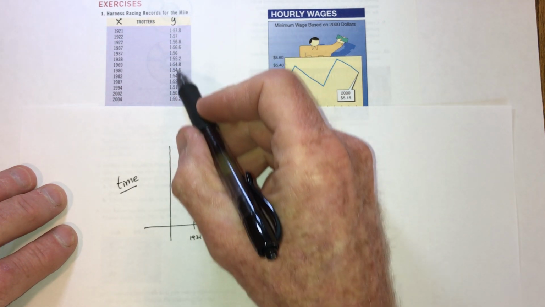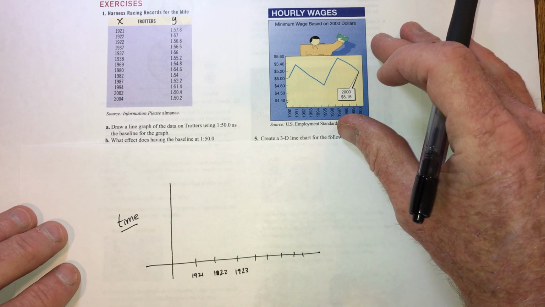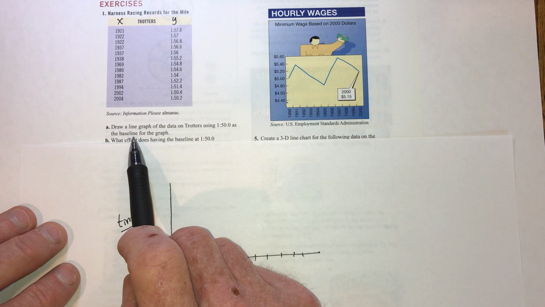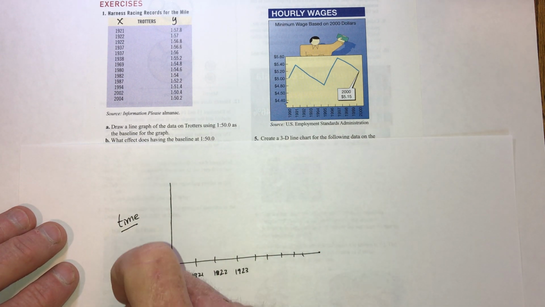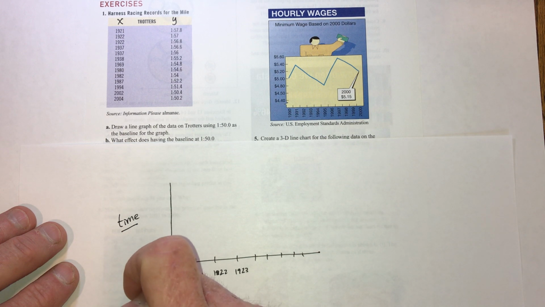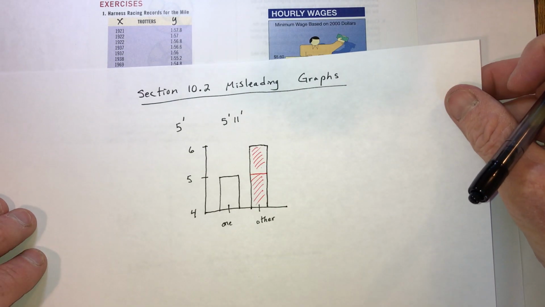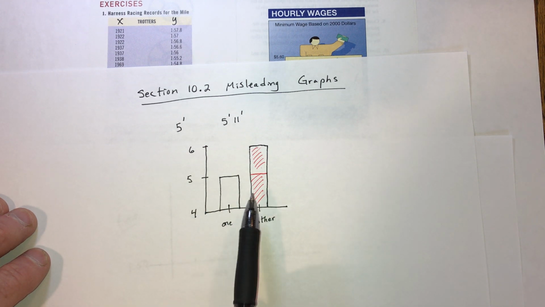So these different times. And then for part A, they said, draw a line graph using 150 as the baseline. So in other words, down here at the base, this stands for 1 minute and 50 seconds. And essentially what they're doing right now is another example of this. So this one, I started the baseline at 4, and then it exaggerated the results.